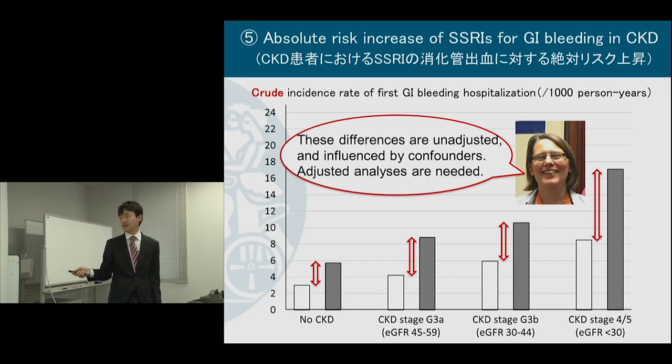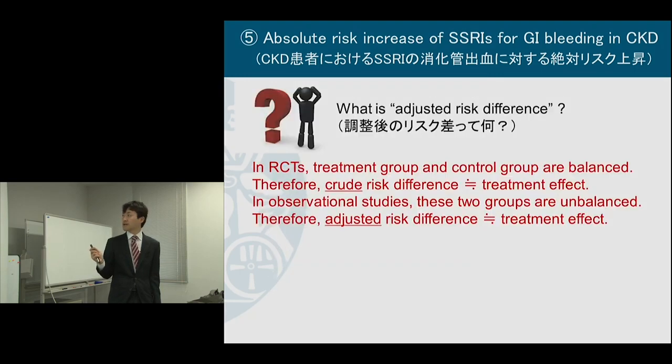So these are indeed confounded. But I was confused, because when we usually do statistical analysis or adjusted analysis, it's logistic regression analysis, Poisson or Cox regression analysis, to estimate relative risk. But what is a risk difference adjusted for confounding factors?